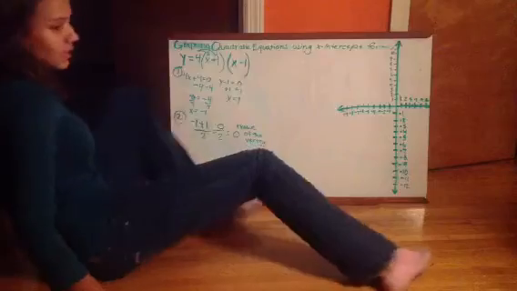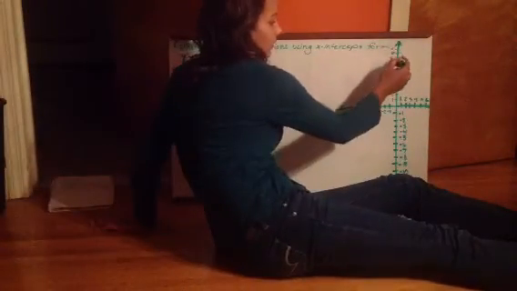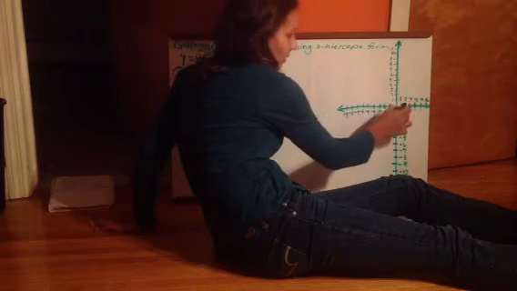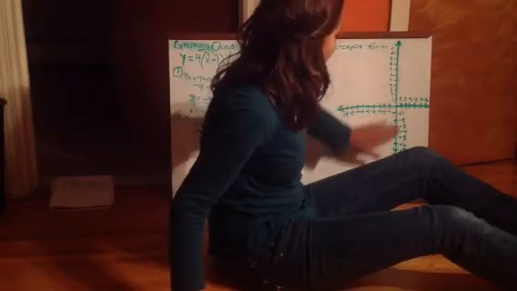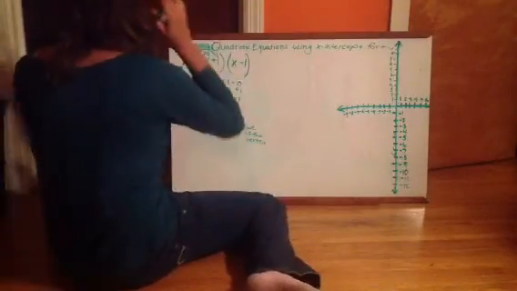Also give you an idea of where your line of symmetry is going to fall, right along the y-axis. You can't really see it with this marker, but I do 2 different colors that would show you. This is where the line of symmetry will fall, along the y-axis.